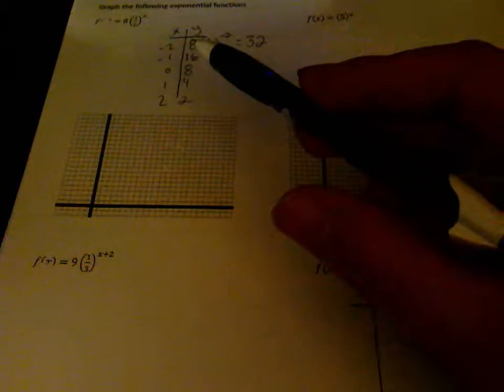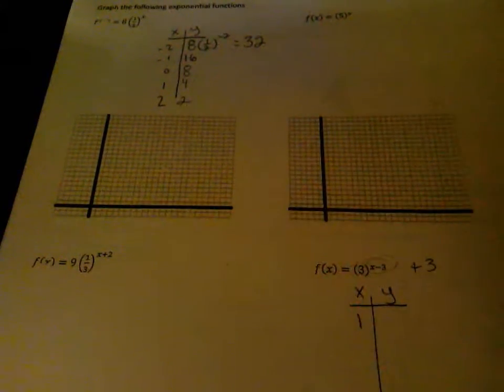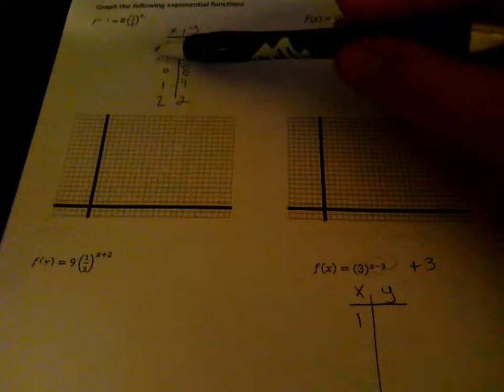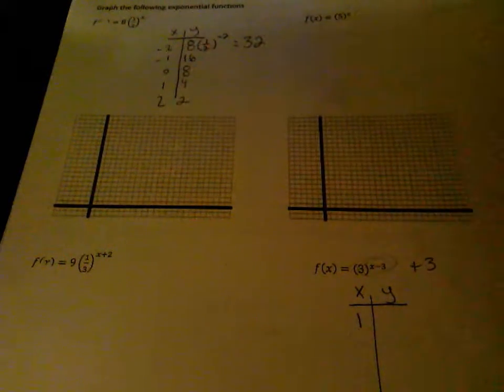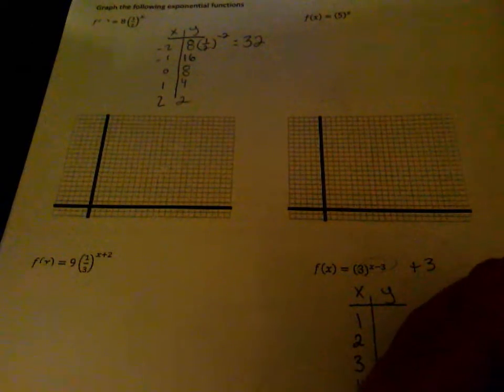Since I'm doing the opposite of -3, I'm going to add 3 instead. I'm going to start with -2 plus 3. So -2 plus 3 gives me 1. And since these go in order, -2, -1, and so forth, I can tell you right now, these will too. We end up with something like that.